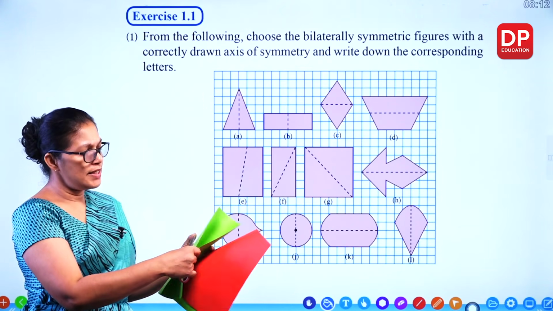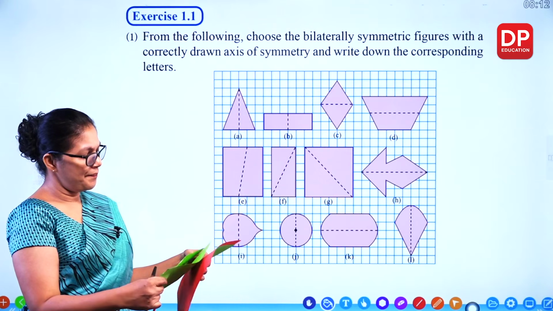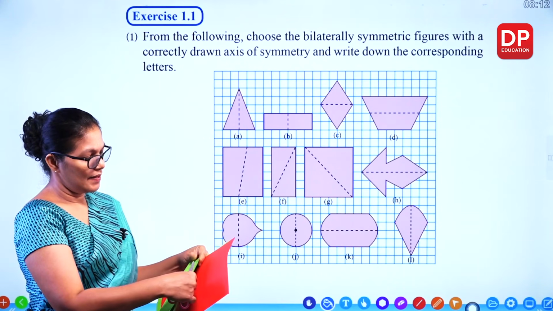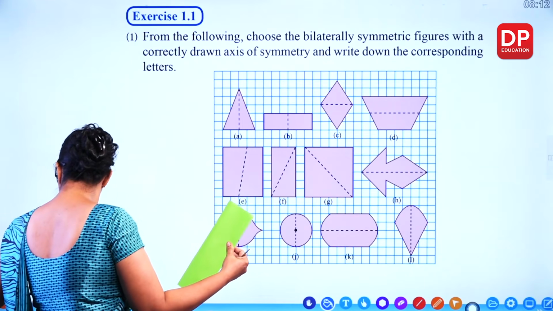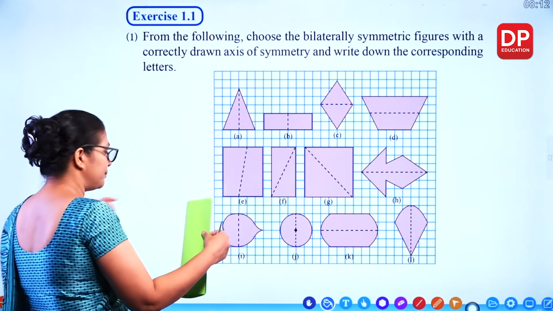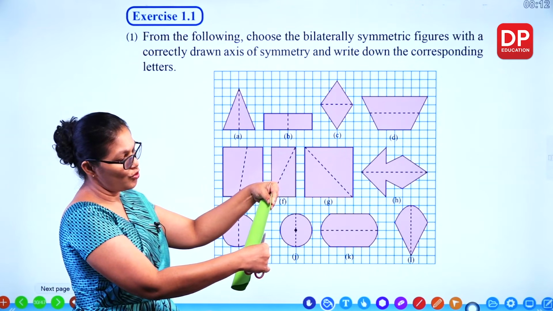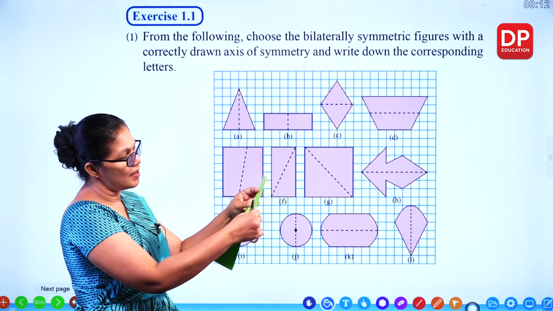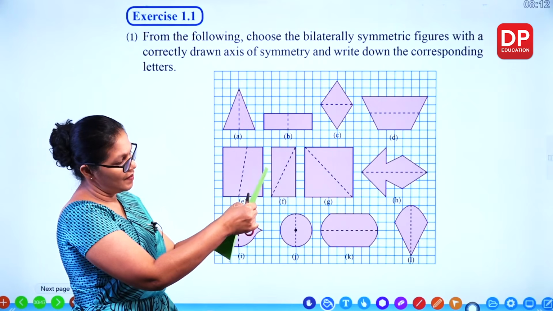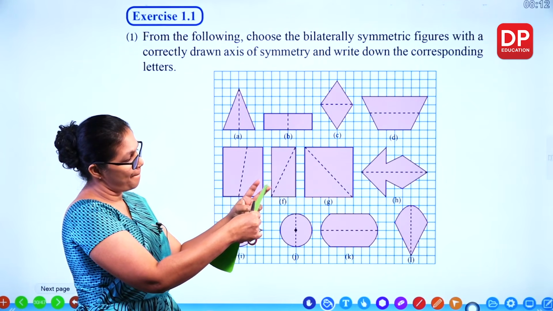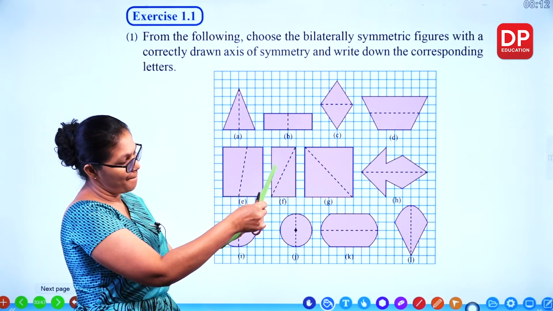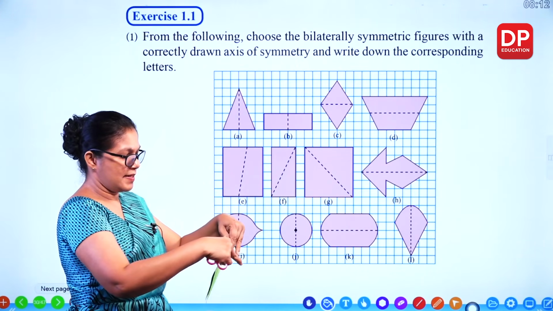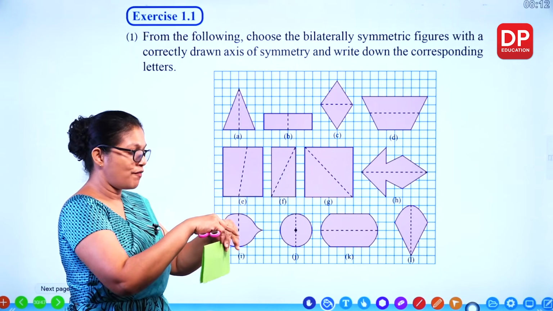You can fold the paper into 2 parts like this, and squeeze this to get the axis of symmetry. So this is the line of symmetry.